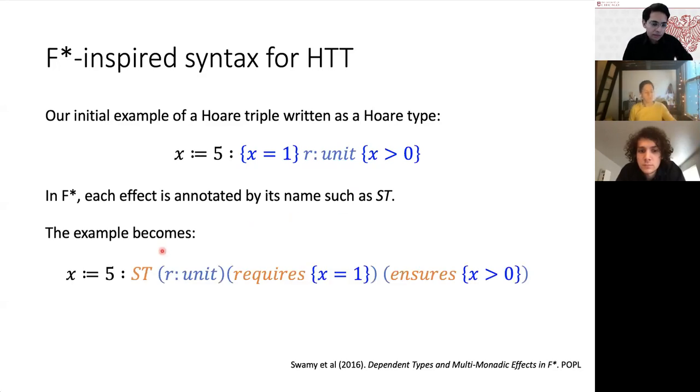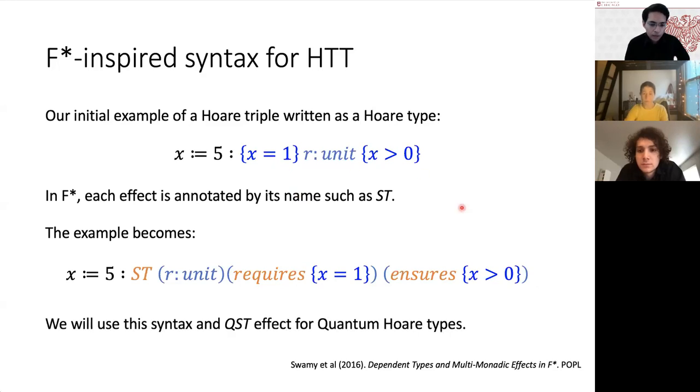So the way we write this in F-star is: program same as before, annotated with the effect type ST. The output appears first, R being the name of the variable and unit the type, and then pre and post conditions are annotated by the keywords requires and ensures. The reason we want to use this is just because it brings a lot of readability to the Hoare type, so you don't necessarily have to know what these braces mean. We'll be using this syntax in this work, and we will annotate our quantum Hoare types with this effect QST.